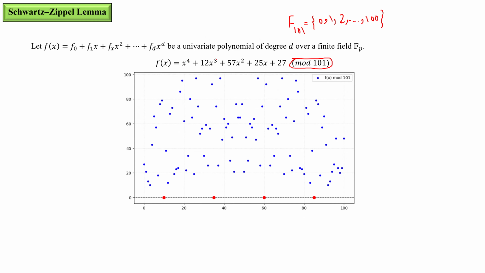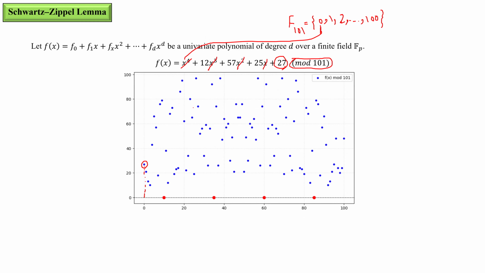For instance, suppose that you replace x by the value of 0. Then all the terms would be 0, and f of x would be 27, right? So at location 0, we have 27, and this is the point for the value of x.